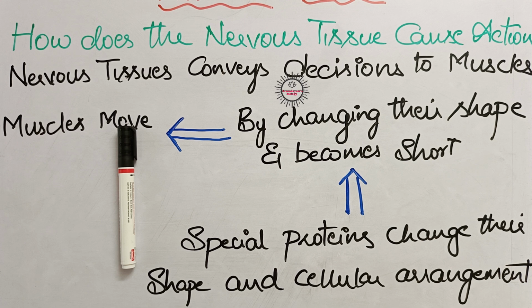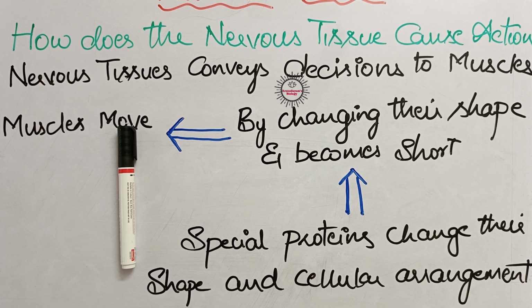If some actions need immediate responses, some reflex actions, then definitely that information will be passed on to the spinal cord, but this is not a reflex action, that's why this information will be passed to my brain. So the neurons present in my eyes will take that information and pass it to my brain.